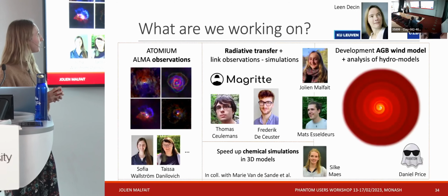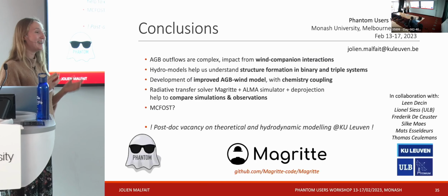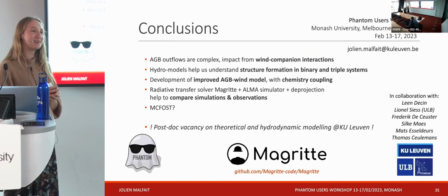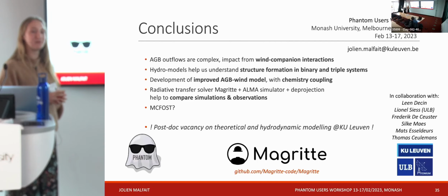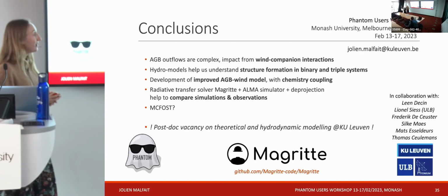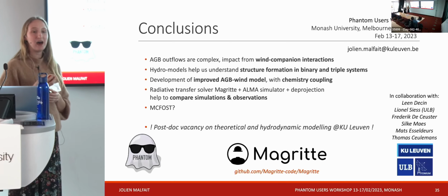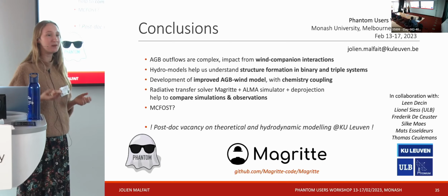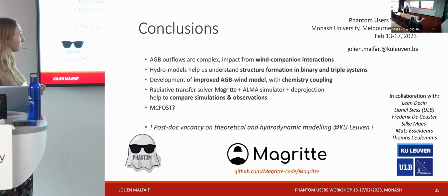So to conclude, what I want you to remember from this is that AGB outflows are very complex, and we think that the main cause of these complexities is the impact of one or multiple planetary or stellar companions that are still hidden in the wind. Our phantom models are already helping us a lot to understand how these companions can shape these winds, but it's still difficult to compare them to observations.